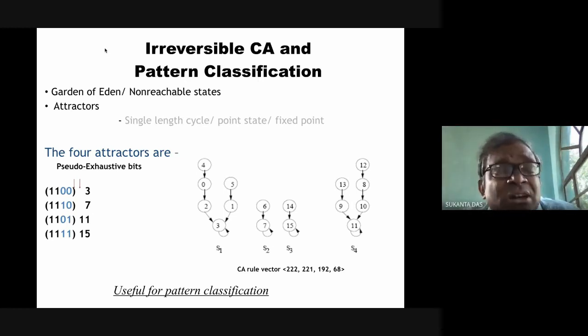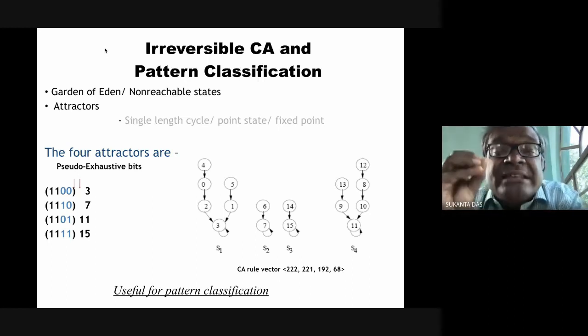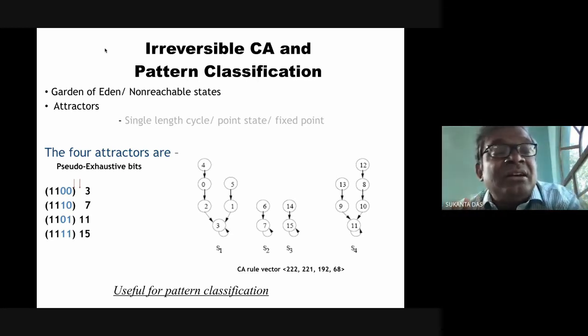So here, if you consider the binary pattern, you can see that the last two bits have appeared exhaustively: 00, 10, 01, 11. This exhaustiveness has an additional advantage. What is that?